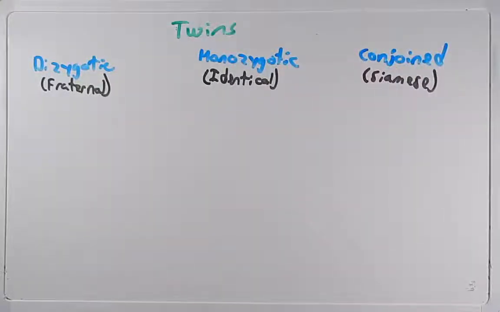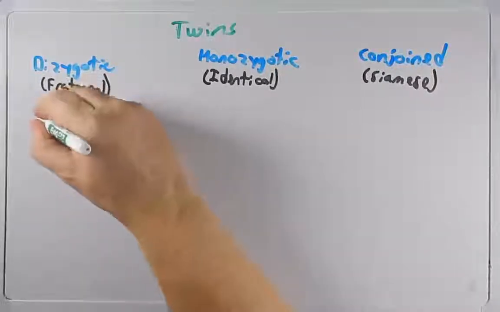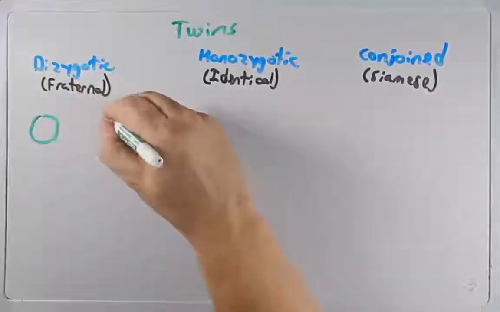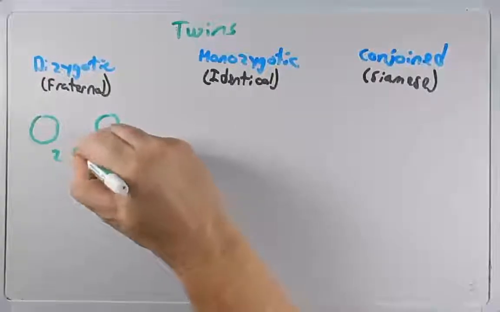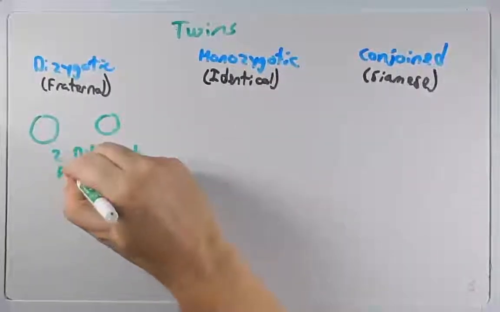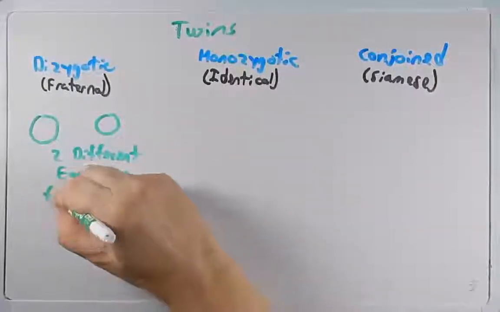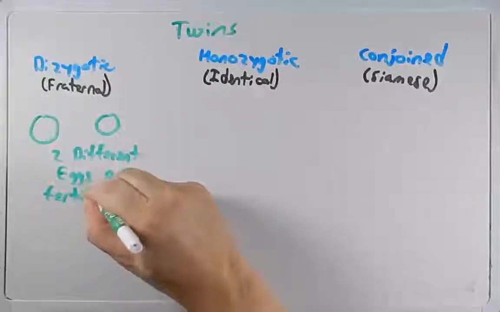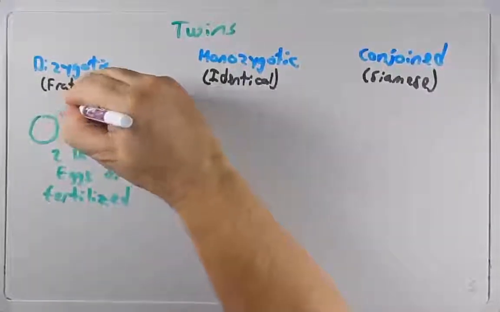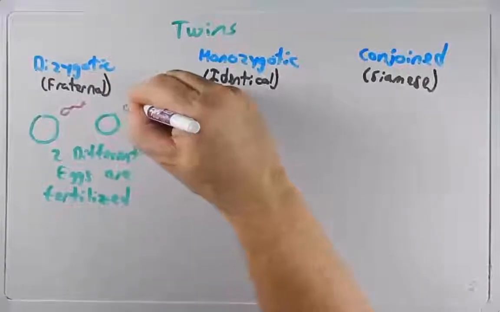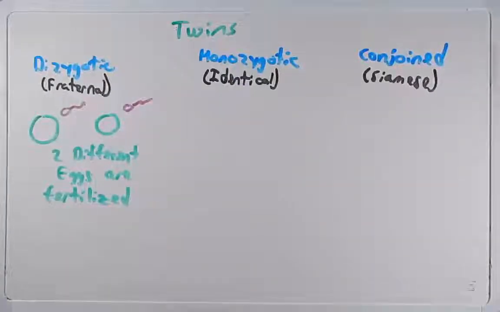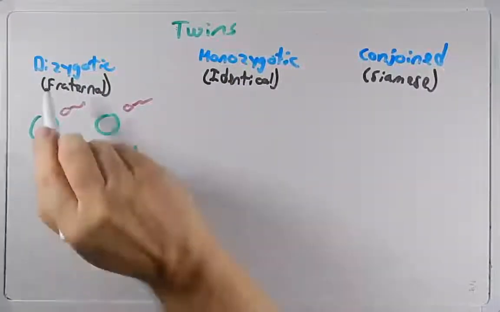So dizygotic twins form because two separate eggs are fertilized. So two separate eggs, two separate sperm, and so that's why we call it dizygotic.